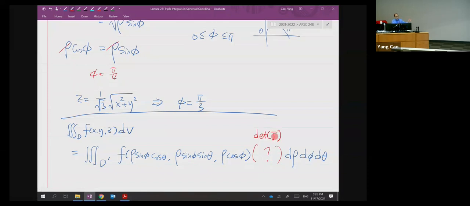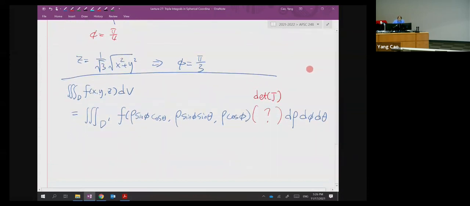Instead of using x, y, z, you're using rho, phi, theta. Without going into that detail, the Jacobian matrix should be calculated as partial x over partial rho, partial x over partial phi, partial x over partial theta. Same thing for y: partial y over partial rho, partial y over partial theta.